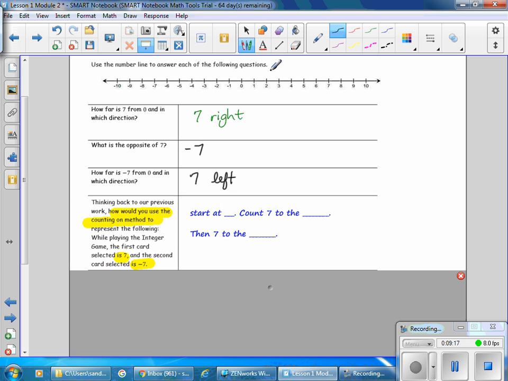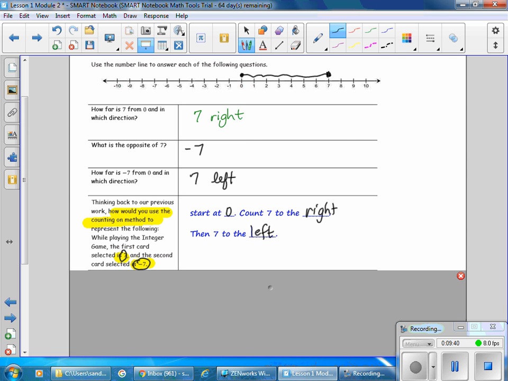Remember to start at 0. Count 7 to the, now if it's a positive number, we want to count to the right. Then, for the negative 7, we'll count 7 to the left. So again, we start at 0. We count 7 to the right. 1, 2, 3, 4, 5, 6, 7.